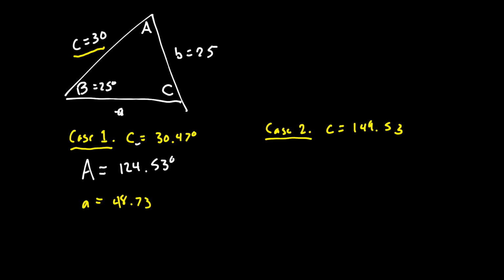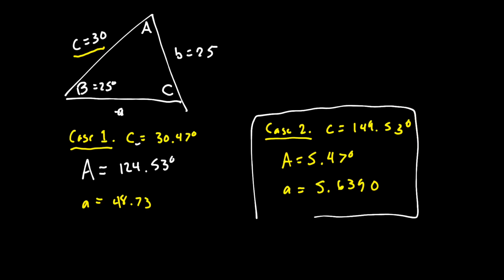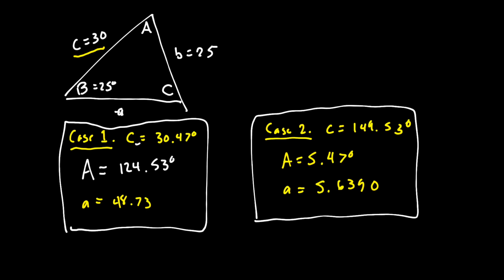And then in case 2, where our angle C was equal to 149.53 degrees, we had that angle A was about equal to 5.47 degrees, and side a was equal to 5.6390. And these are two different solutions for triangles that meet the conditions that we were initially given.